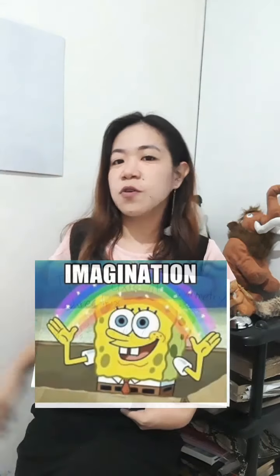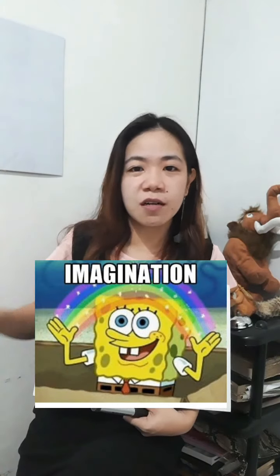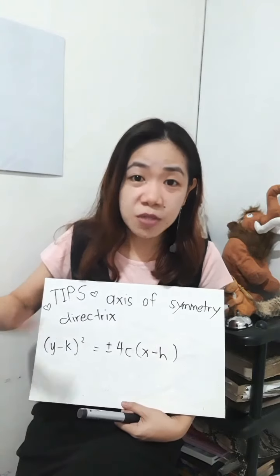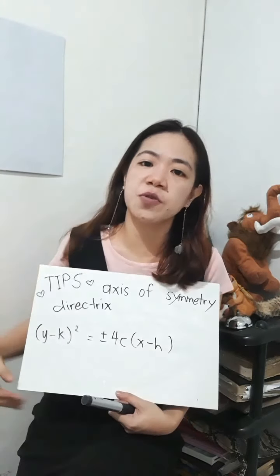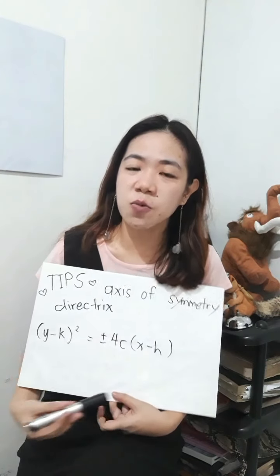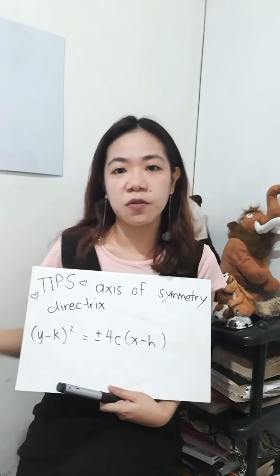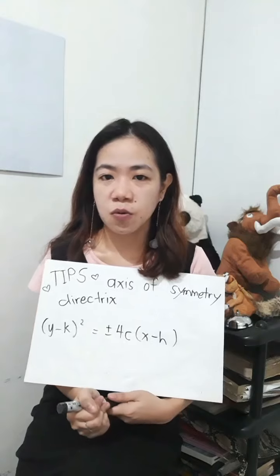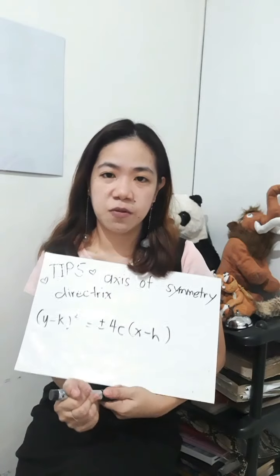Now, make use of your imagination. We are all visual learners, or I mean, the majority of us are visual learners. So if you see this kind of equation, again, remember, when you see y squared, it opens either to the left or to the right. So, make a rough sketch of the graph. The axis of symmetry will divide the curve into two equal parts.